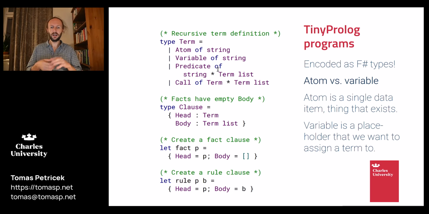In TinyProlog, we will have the same two uses of substitution in this key operation that then has to substitute in all the remaining unprocessed goals, and after doing the recursion, it has to apply the substitution to the result. An important fact is that we will need to rename variables when using rules from the program database, because each time we apply the rule, we're using a new instantiation of these universally quantified variables.